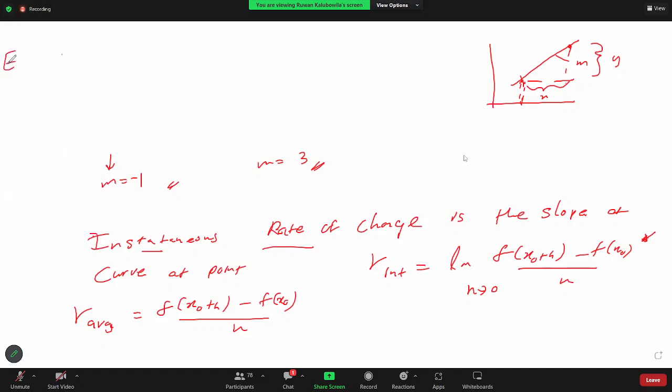Let's take an example. Find the average and instantaneous rate of change of the function f of x equals 3x squared minus 4.